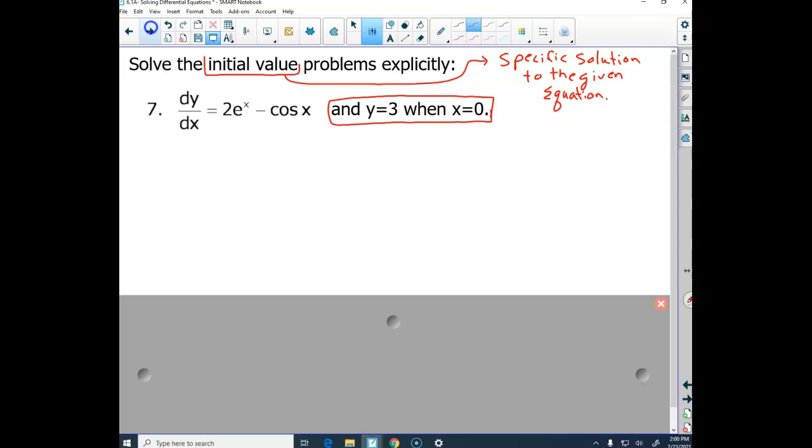So we're going to start this out first by finding our antiderivative. Okay, well, this is going to be y equals, the derivative of e to the x is e to the x, so this is going to be 2e to the x. And notice, as I'm going, my mind is taking the derivative of 2e to the x, and it gets 2e to the x. So I'm differentiating what I'm anti-differentiating right away, and I'm checking things. So what is the antiderivative of negative cosine?